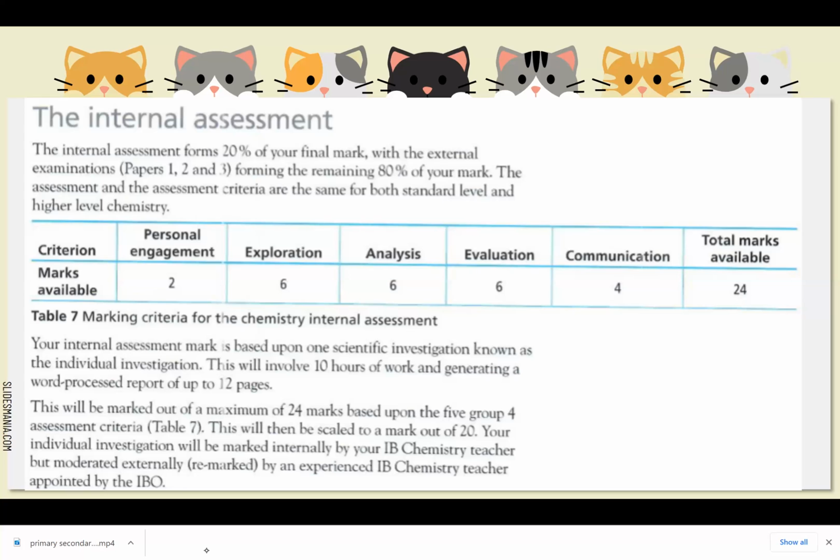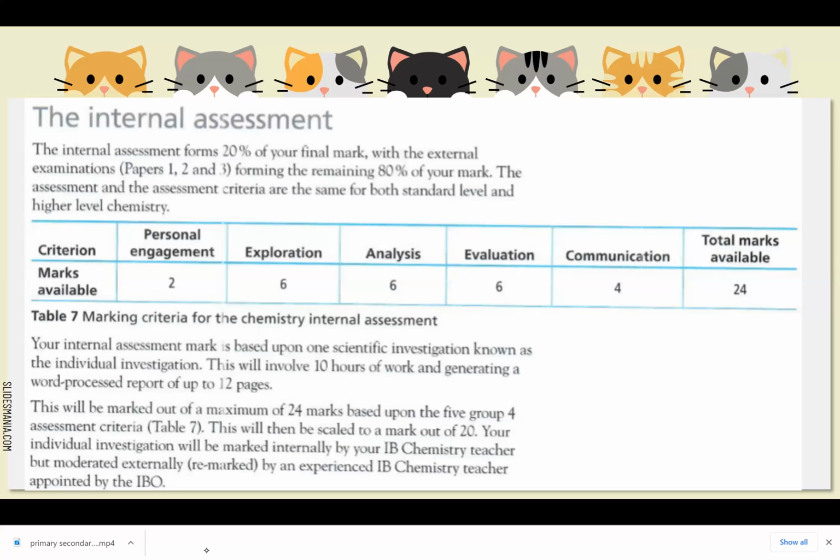So we really want to make sure that our internal assessment is in good shape before they get submitted. And that's why we'll be spending a lot of time on it, just in case something goes bad with the virus again, so that we've got something good for them to give you a grade on.